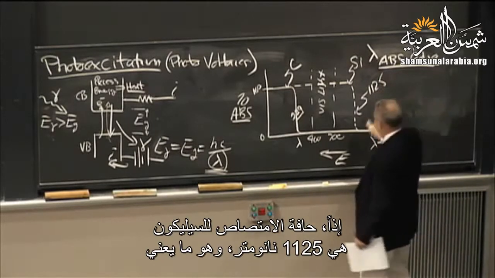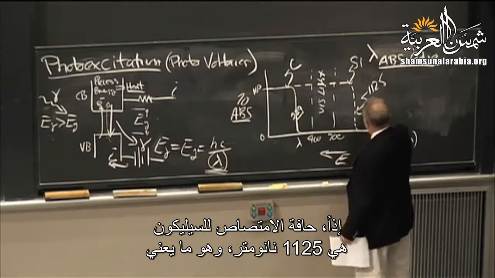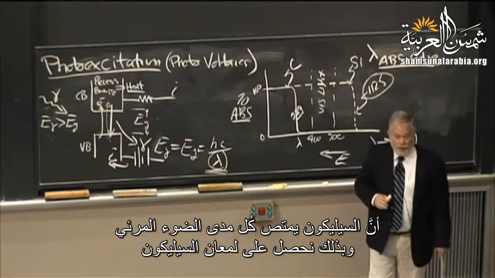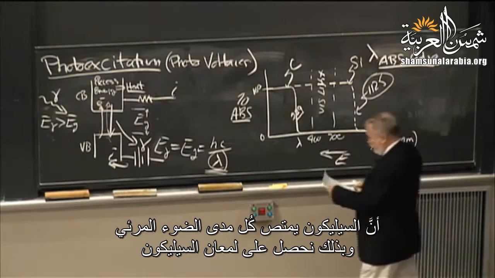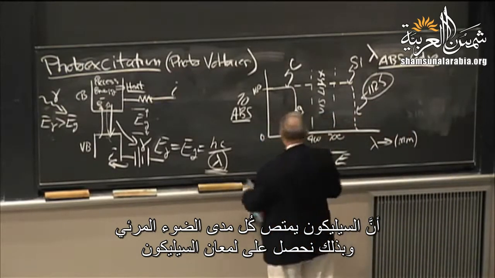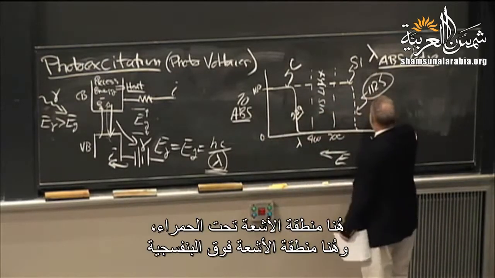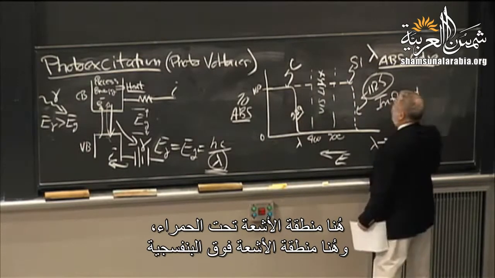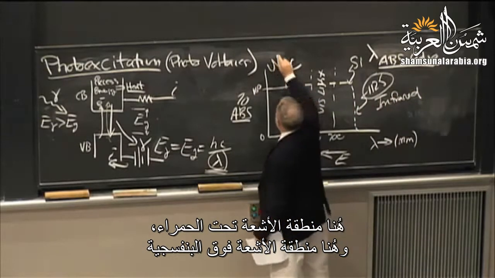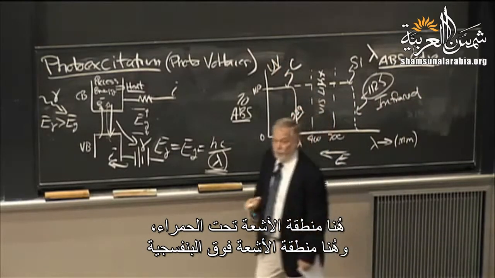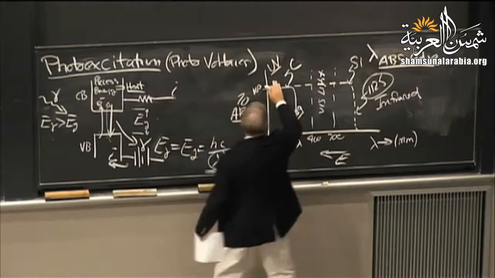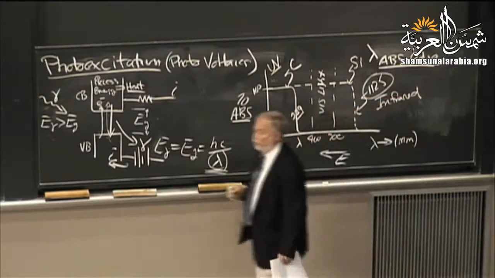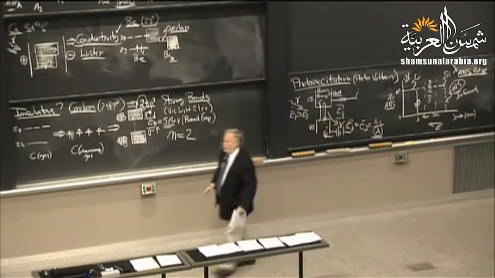So the absorption edge for silicon is 1125, which means it absorbs in the visible range. And so that's the way we get luster. And this would be in the what? Infrared. And this would be in the UV region, if you wanted to. This would be hard UV, and this would be far infrared.